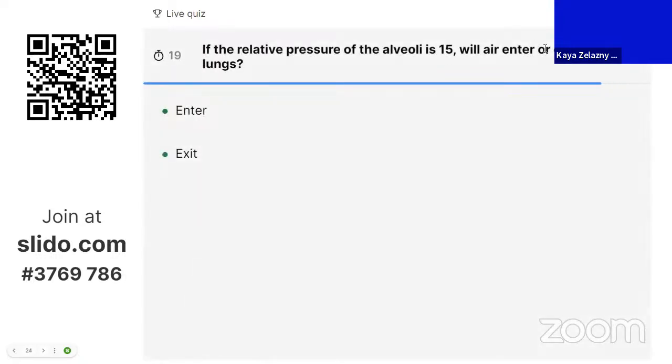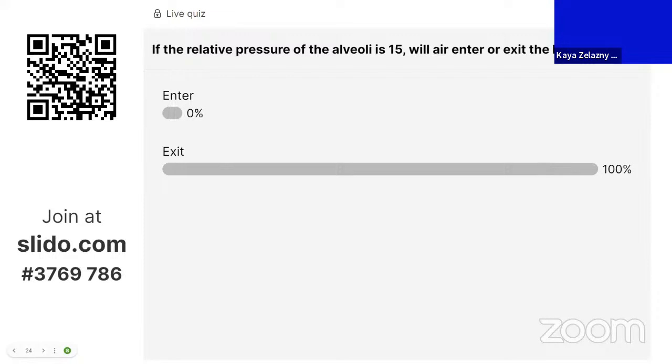Okay, so one more. Got a relative pressure of 15. Is air entering or exiting the lungs? Okay, perfect.